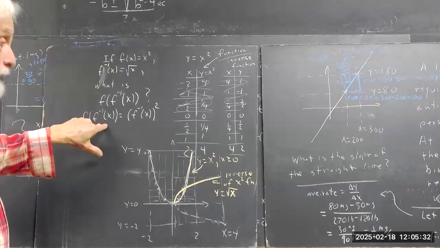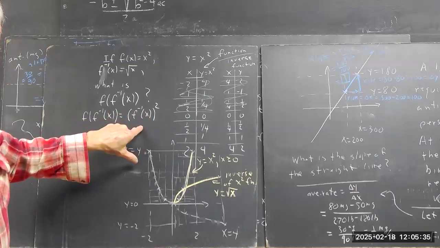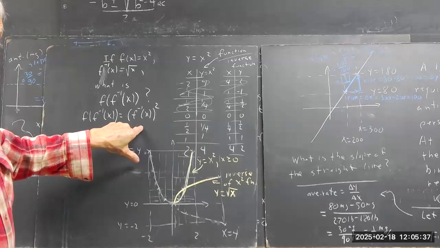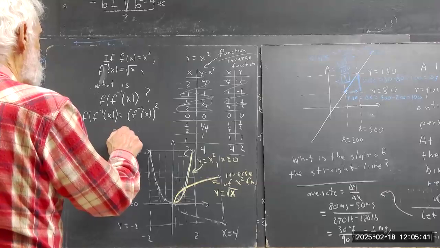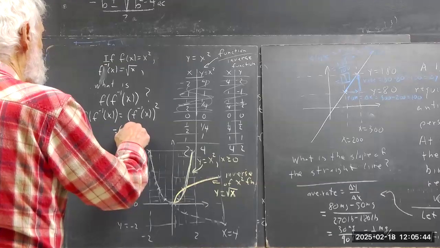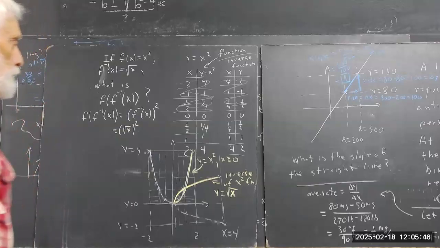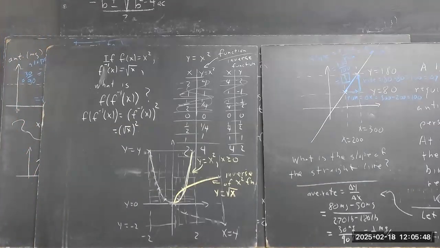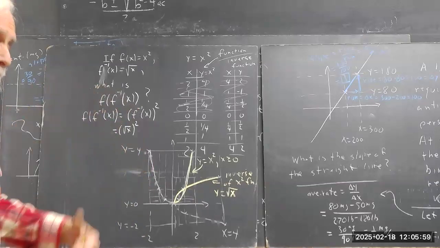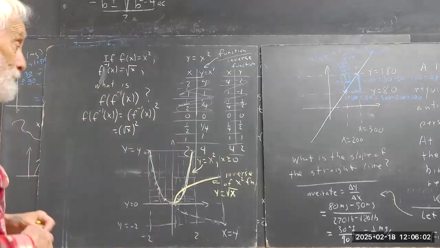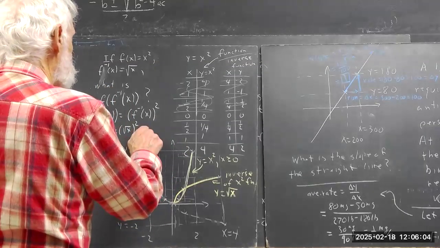If it eats an F inverse of x, it spits out an F inverse of x squared. Okay. What do you get when you square the square root of x? You get x. Square root of 25 is 5. First relationship.